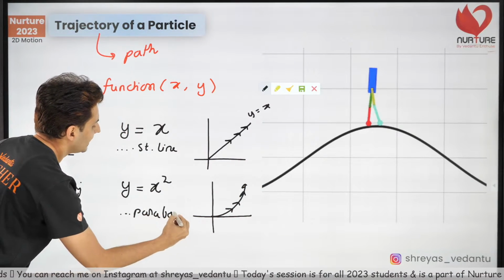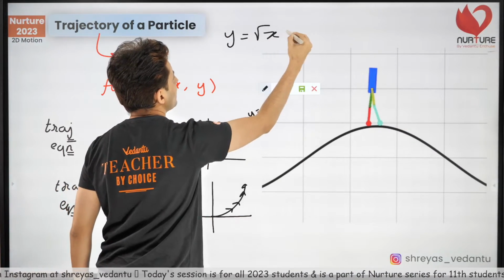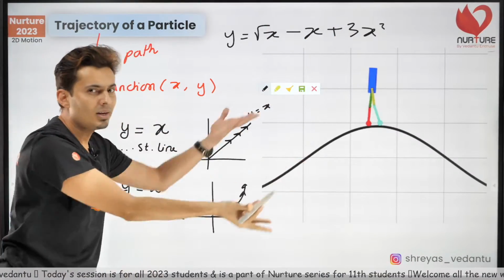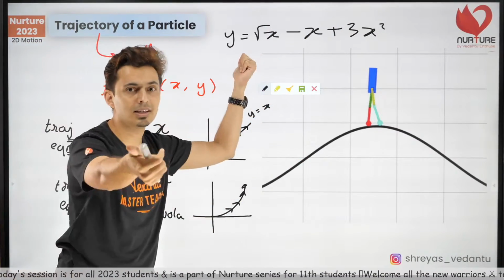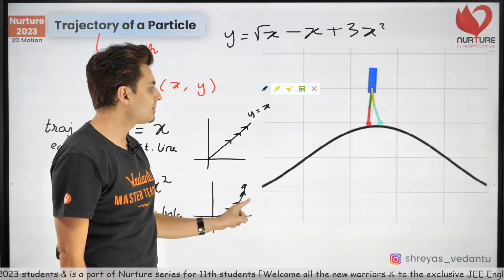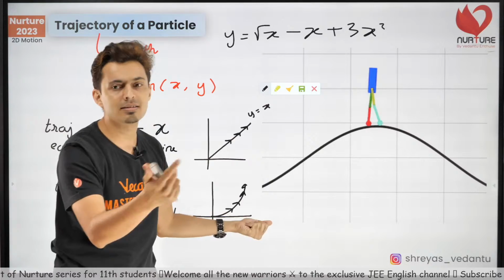So it could have any kind of equation. I can write y is equal to root of x minus x plus 3x square. This is also a trajectory equation. You give me x, I'll give you y. It tells me where the y coordinate is when the x coordinate is given, or vice versa.